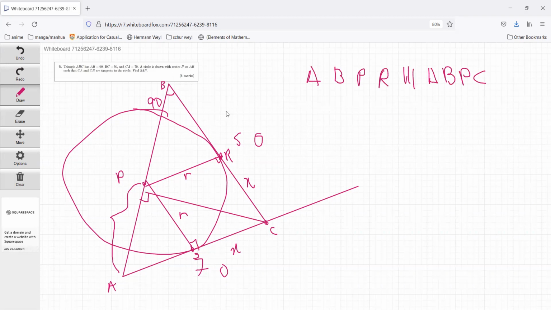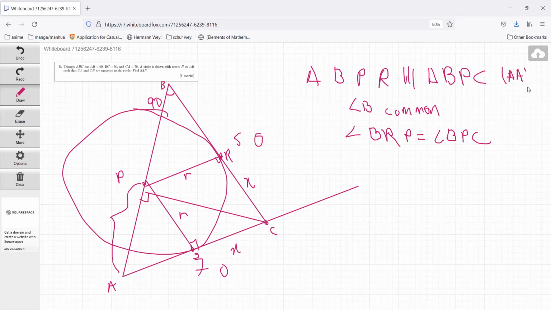I've already written down that they're similar, because they both share the angle at B, right? So angle B is common, and then angle BRP equals angle BQC. So these are equiangular, right?